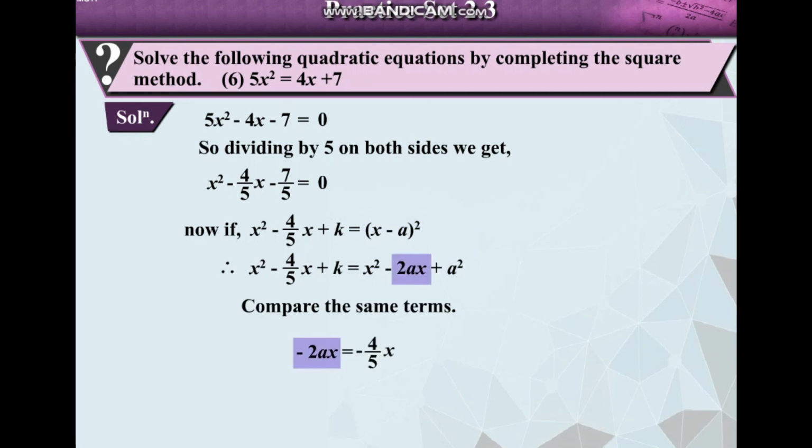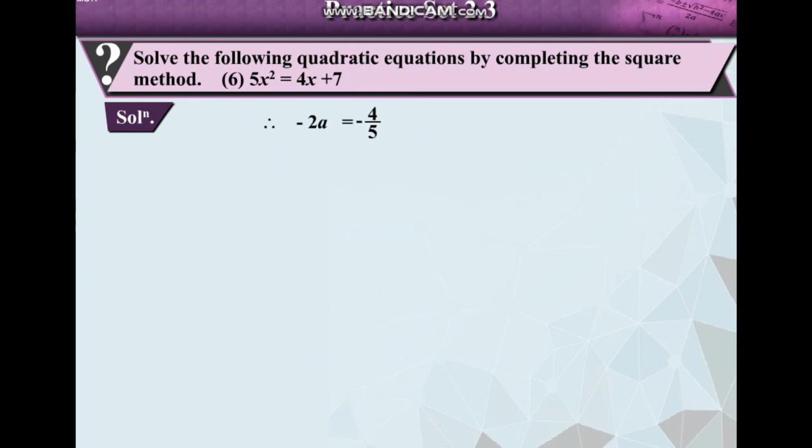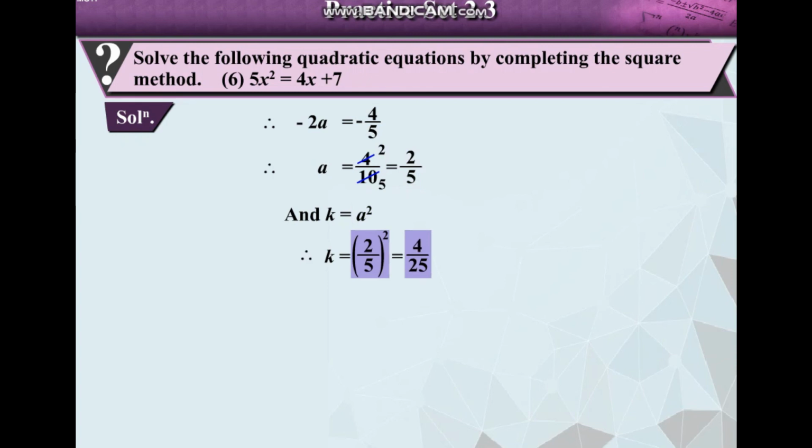Minus 2ax is equal to minus 4 upon 5x. Therefore, minus 2a is equal to minus 4 upon 5. Therefore, a is equal to 4 upon 10, which is equal to 2 upon 5, and k is equal to a square. Therefore, k is equal to 2 upon 5 the whole square, which is equal to 4 upon 25.